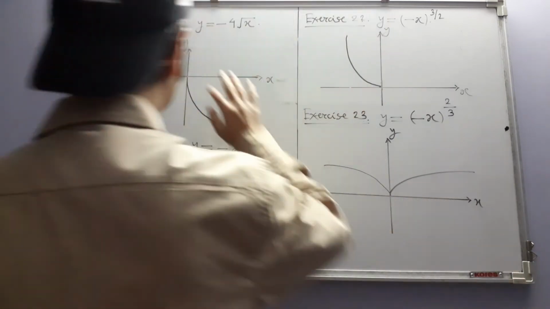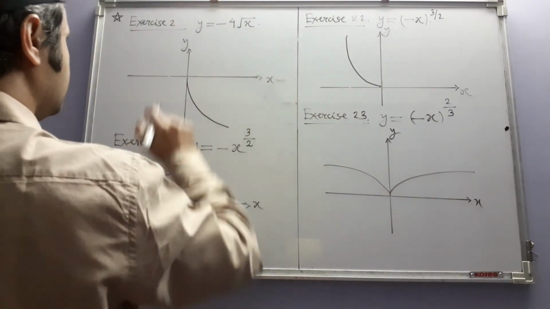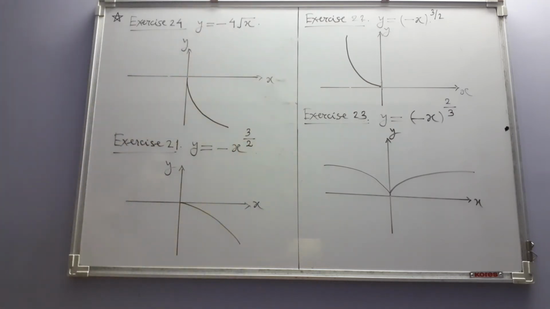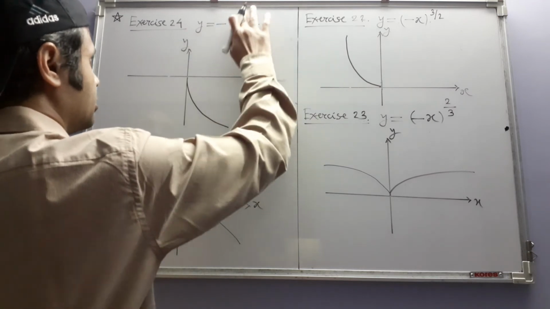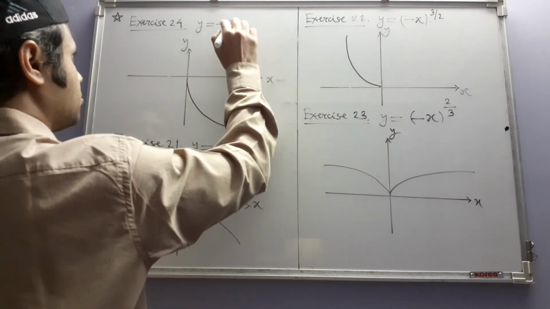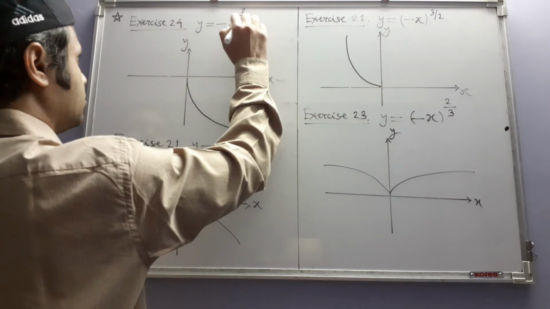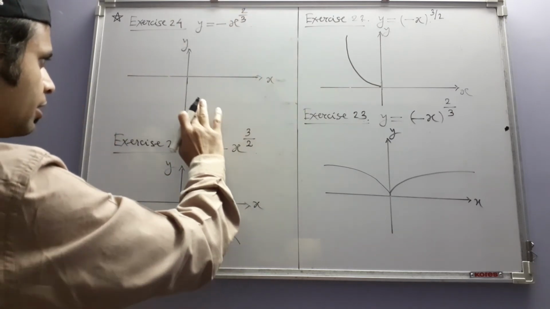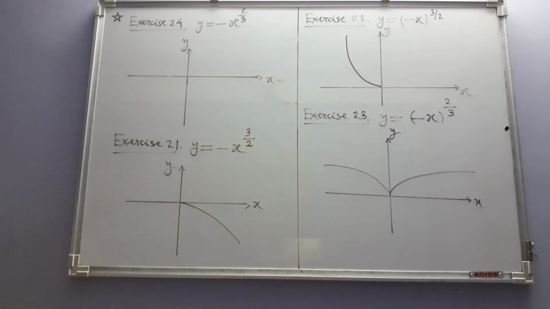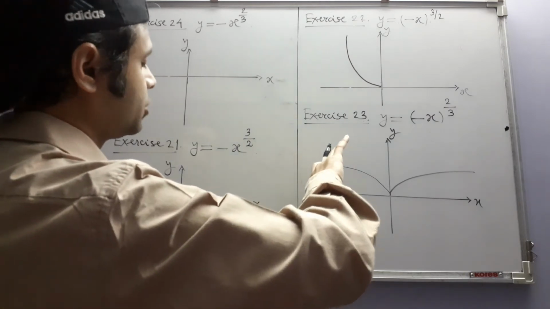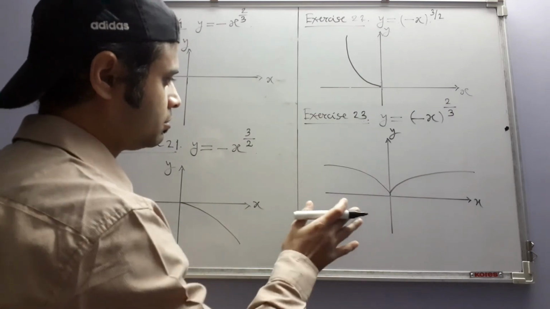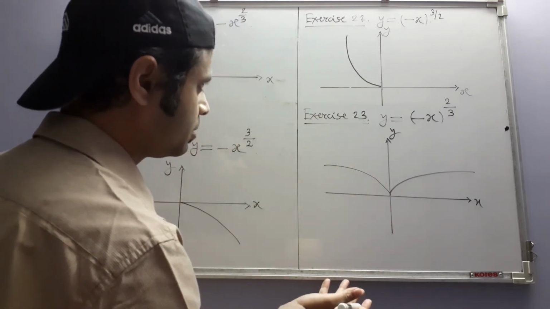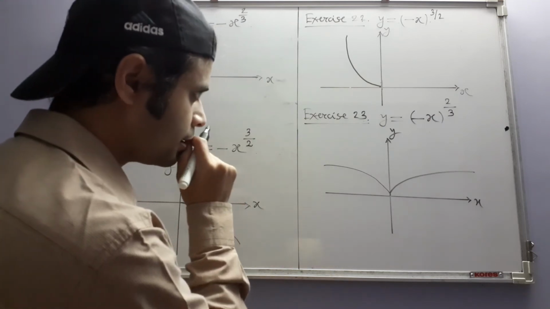And finally 24. In this case it is minus x to the power 2 by 3, here the graph is obtained by, no, I should not say obtained by flipping this, but can we say that?